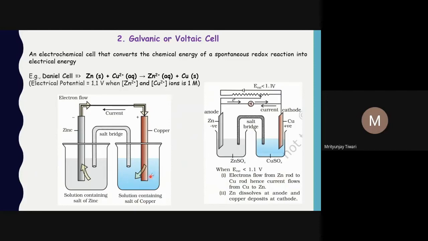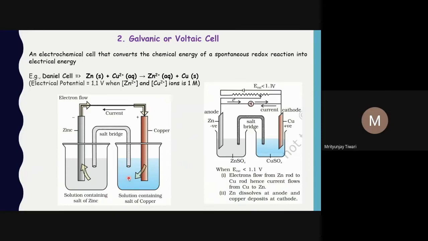Suppose I use some impure copper compound, dissolve it using some acid, and put it inside this. Some impurities will also be there, but only copper will be deposited, not the other impurities. So we can purify copper.